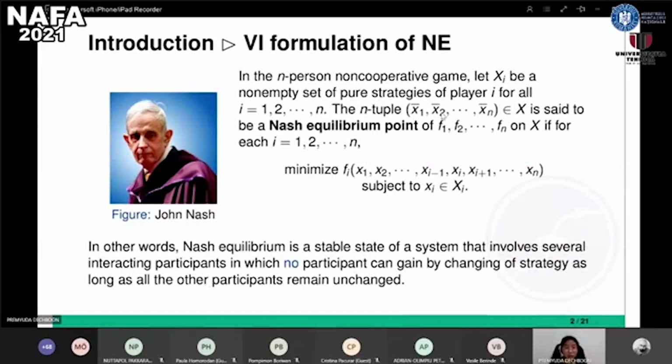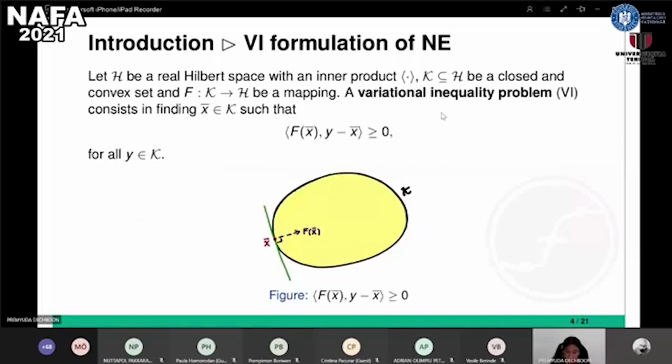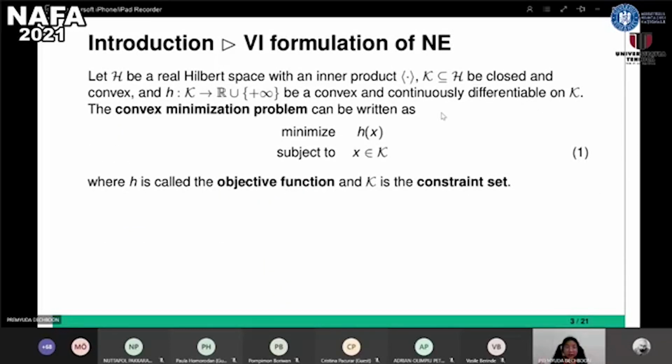The Nash equilibrium point concept means that if it is a Nash equilibrium point, then no player can gain more benefit if they change their strategy. We can see that the previous concept is written as a minimization problem.